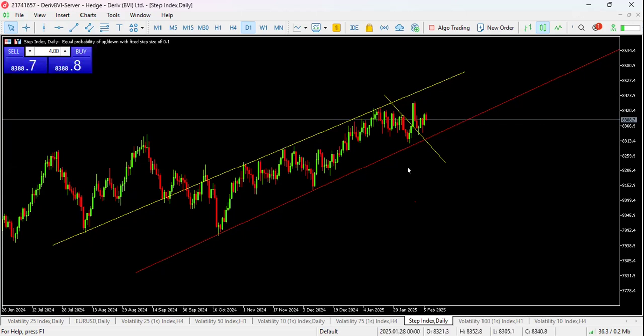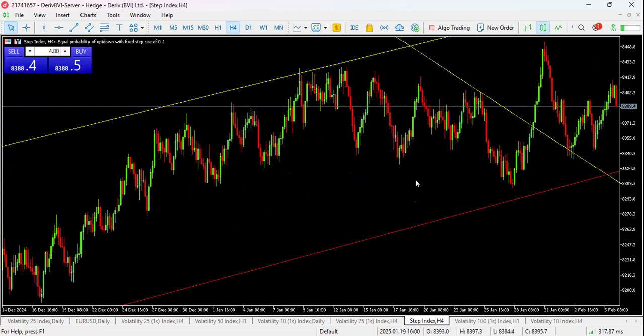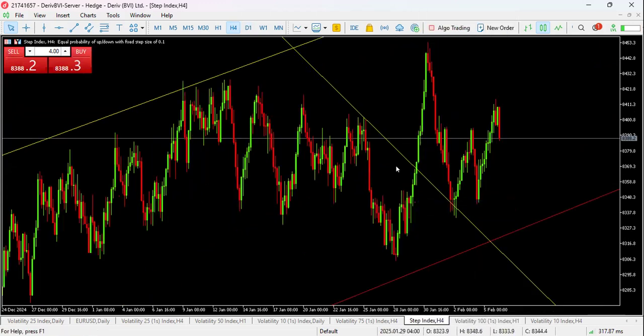What time frame are we using for retest? If you are waiting for breakout and retest on this particular trend line, go to 4 hours and wait for the breakout and retest. That doesn't mean you have to use 4 hours to enter the trade.